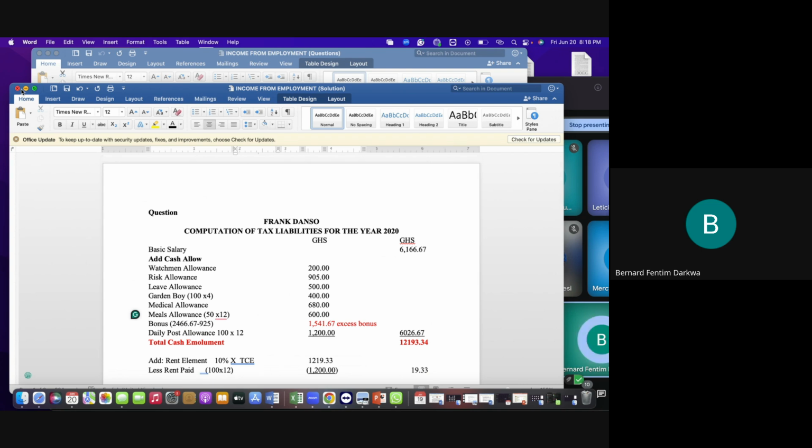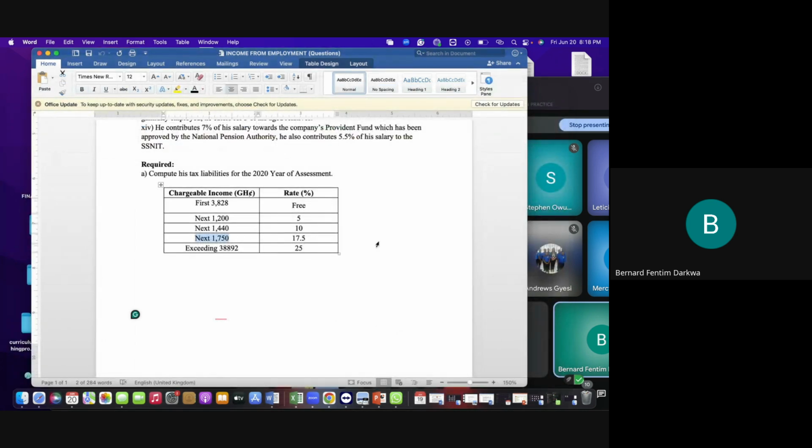If you have a question, you can ask. If you have a question on the employment income, please ask before I close the chapter on that. Because now what is left is questions that you'll be solving on the employment income.